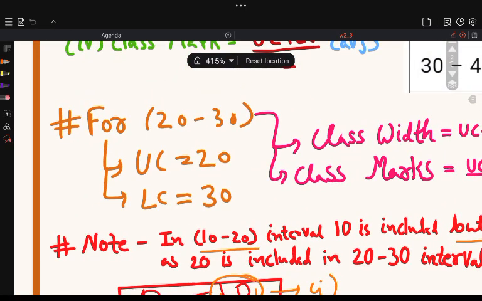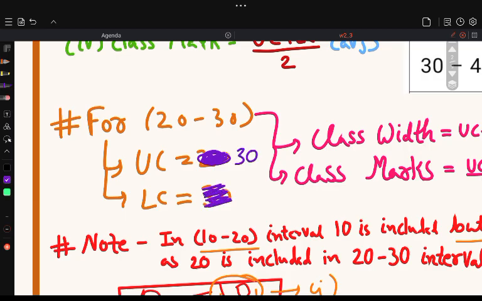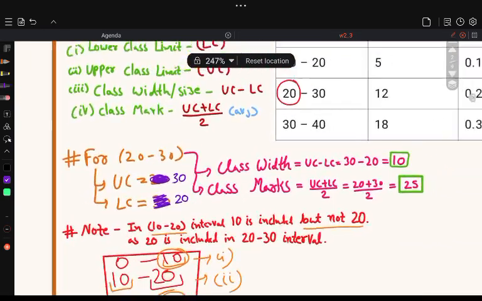So I said it wrongly earlier: the upper class limit should be 30 and the lower class limit should be 20.